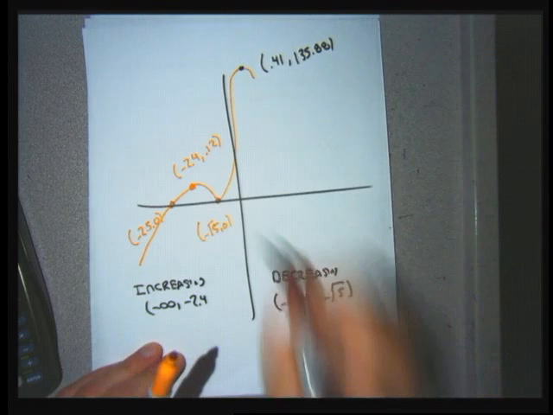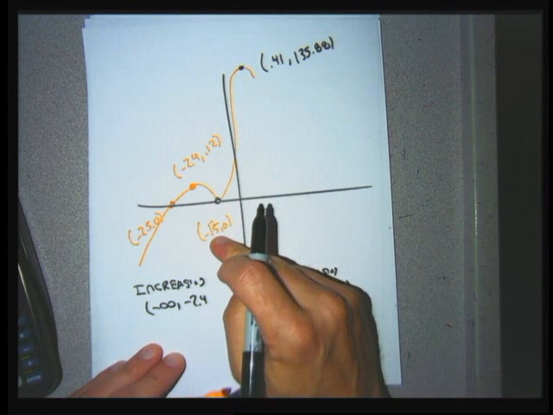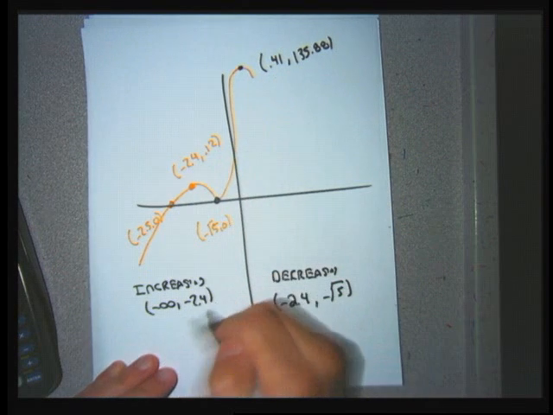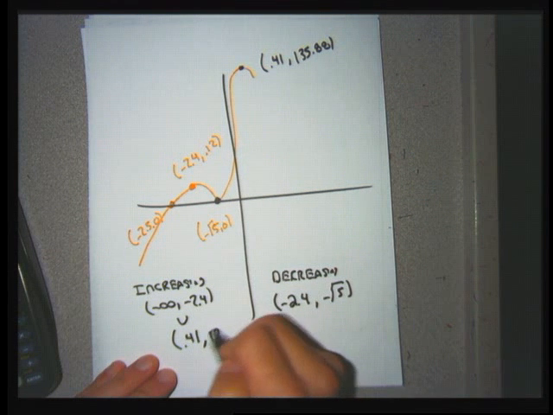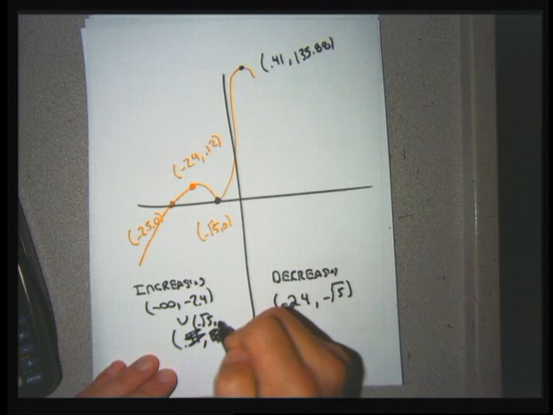And in that region, from this x-intercept at x-coordinate of negative square root of 5 to that local maximum, the graph is increasing. So again, it's going to be increasing from negative square root of 5 to 0.41.